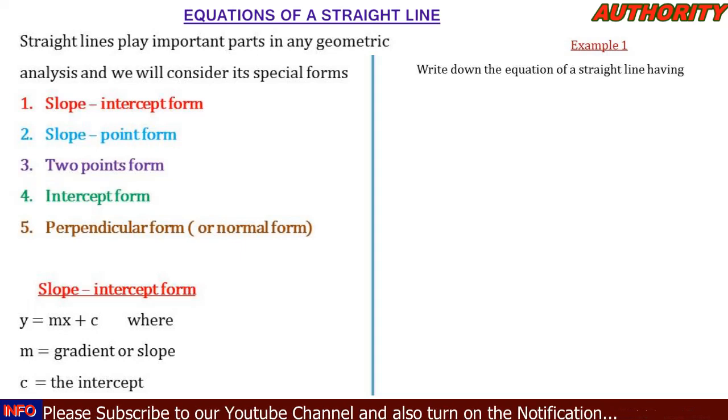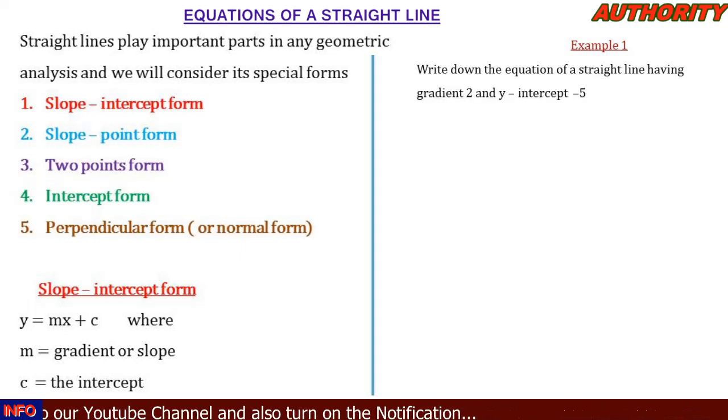Write down the equation of a straight line having the gradient 2 and y-intercept minus 5. Solution: we have the equation of a straight line in slope-intercept form.